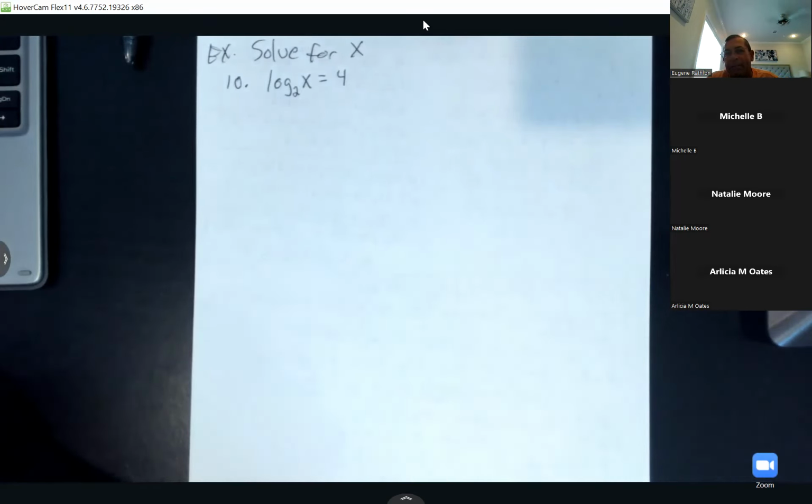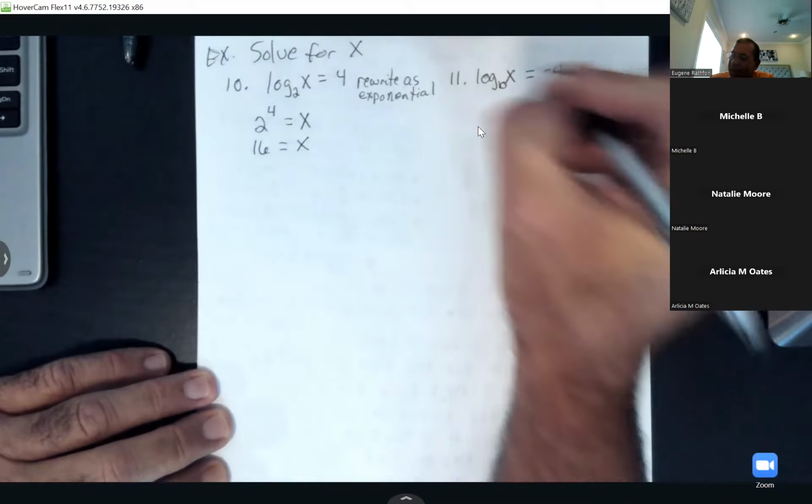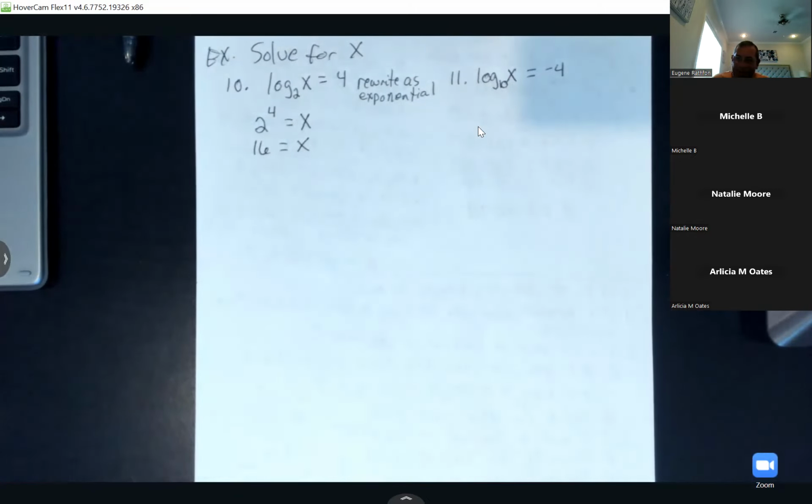1. No, 2. 10. 10. I like that. And remember, if there's no number here, y'all got to treat it like a 10. Okay. Y'all, math hides a lot of numbers from you. So we're going to rewrite this as exponential.